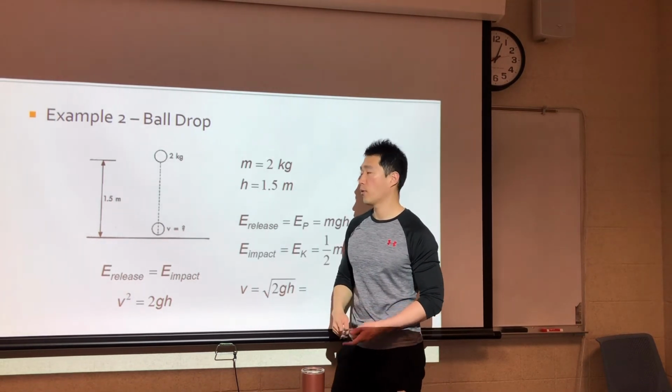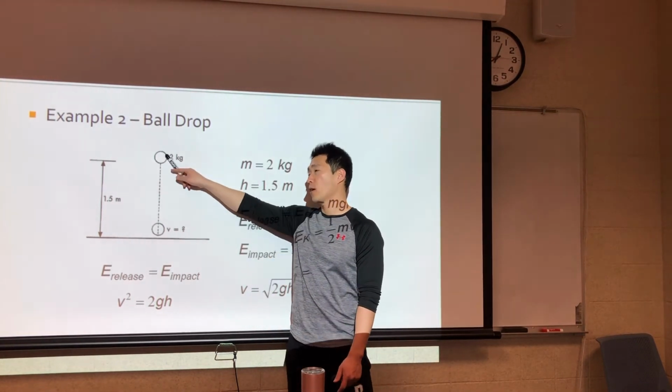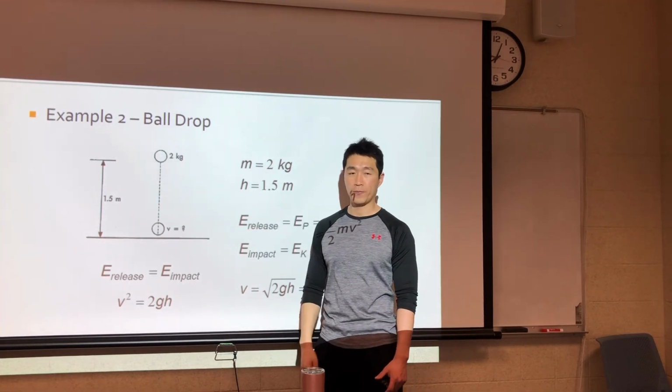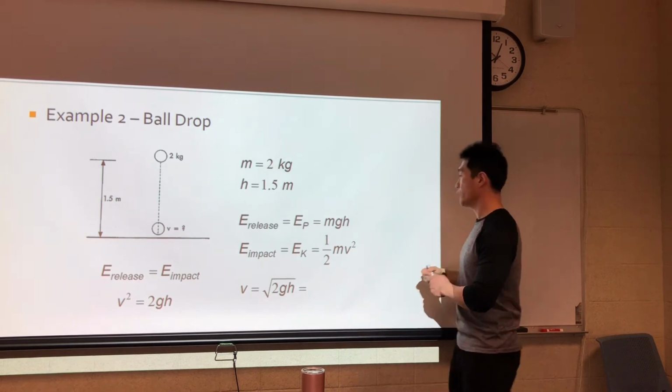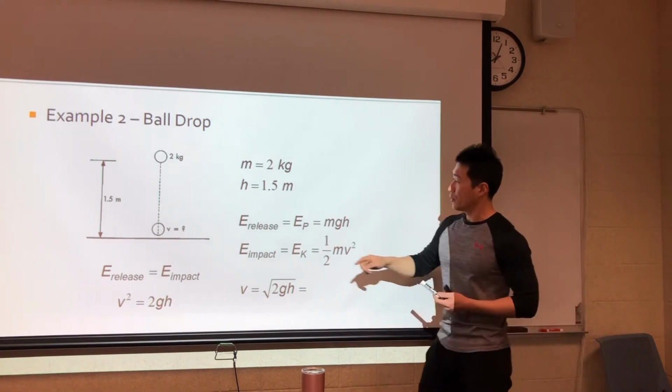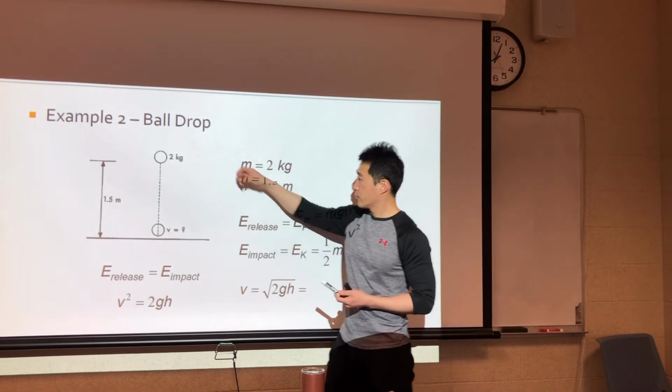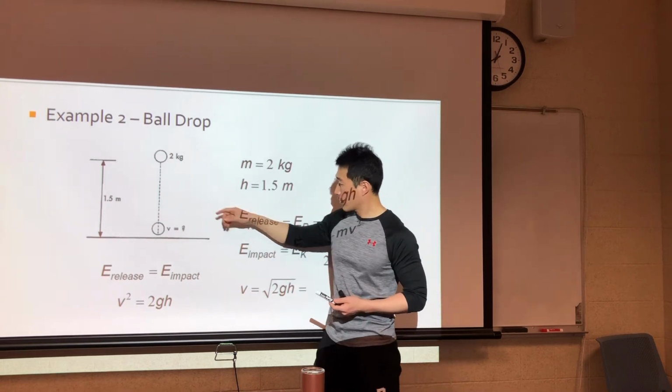So the ball has only potential energy here, only kinetic energy here, and these two energies should be equal to each other. This means energy at release equals energy at impact.